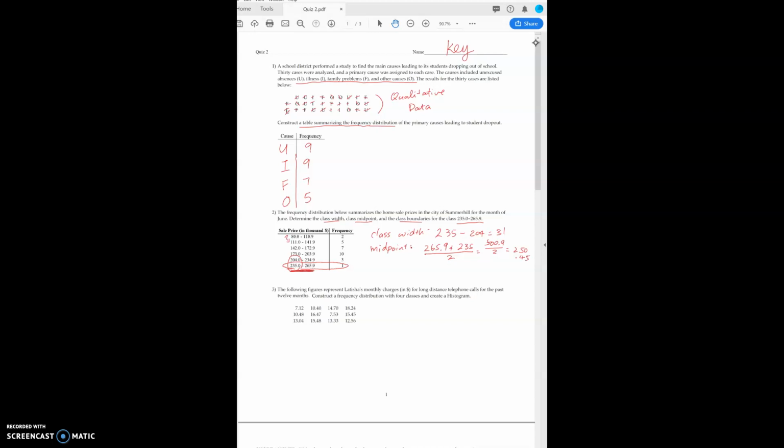Now the last one is the class boundaries. The class boundary is the gap, or the midpoint, between the upper limit of the previous class and the lower limit of the next one. So those two, circle those numbers. Since we're talking about the class 235 to 265, I'm going to use 234.9 and 235.